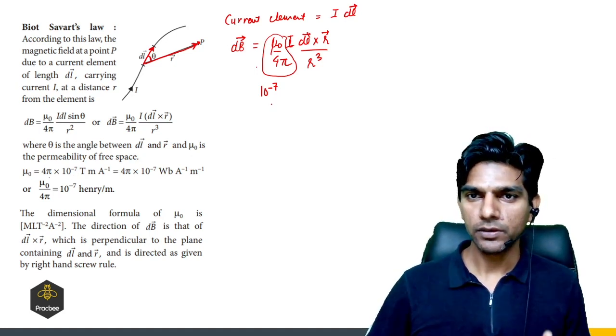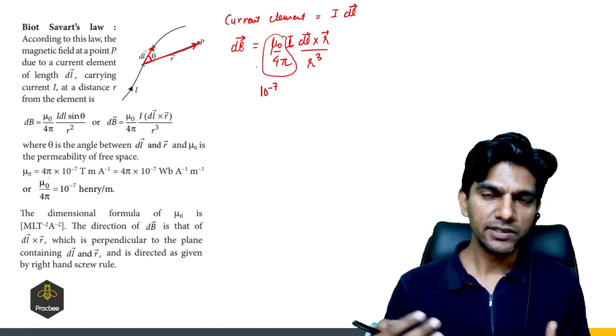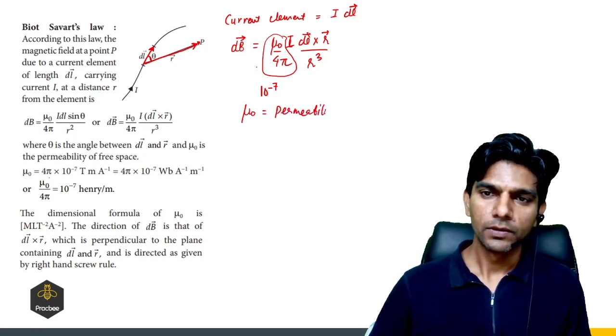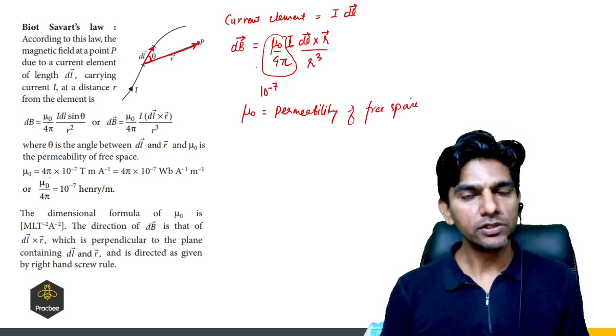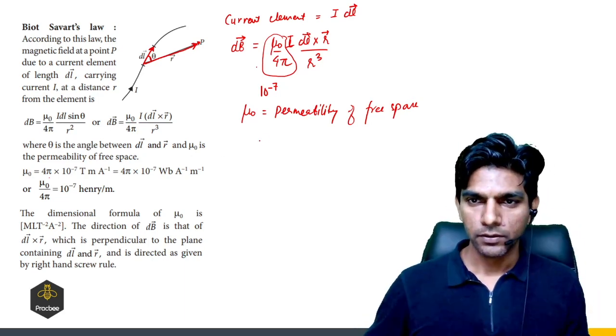So you have to remember the mu naught value, and mu naught is known as the permeability of free space. It's a property of the medium. So if we change the medium, the mu value will change, and eventually the magnetic field will also change, right?